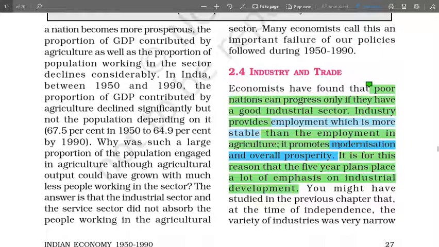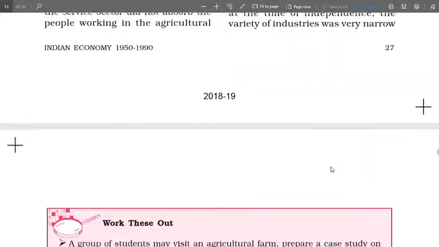So that's why the planners during that time felt the need to incorporate all these goals of industrial development in our 5-year plans.